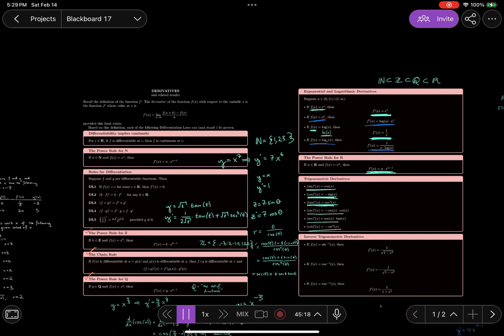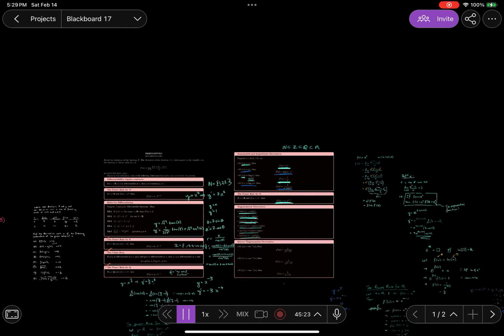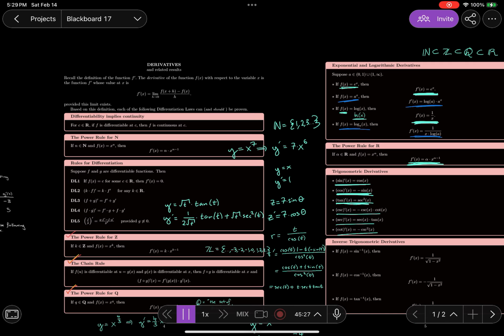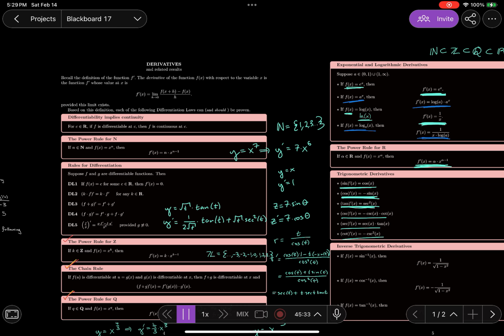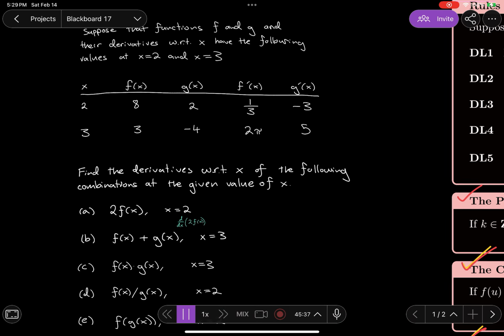To make this go as smoothly as possible, I would have this chart right next to you. I can't keep doing all this crazy zoom in and zoom out. It's hard to watch. So I'll try to minimize that, but I will reference these rules as I take these derivatives. And these are all things that we've developed together as a class. All right, zooming back in.